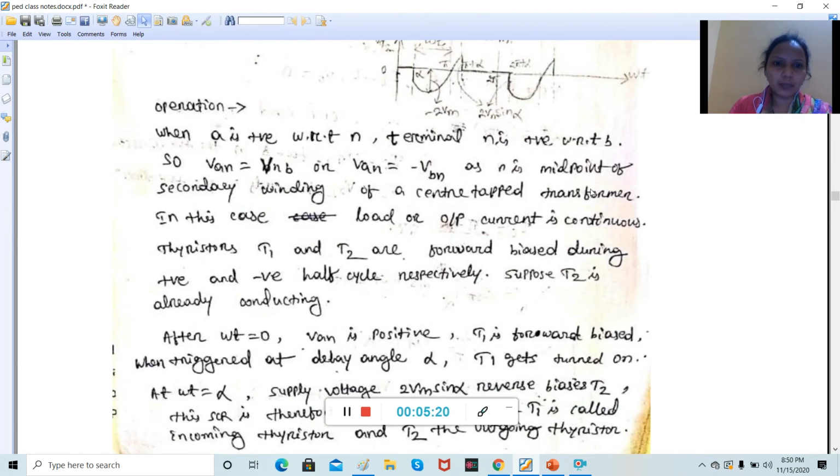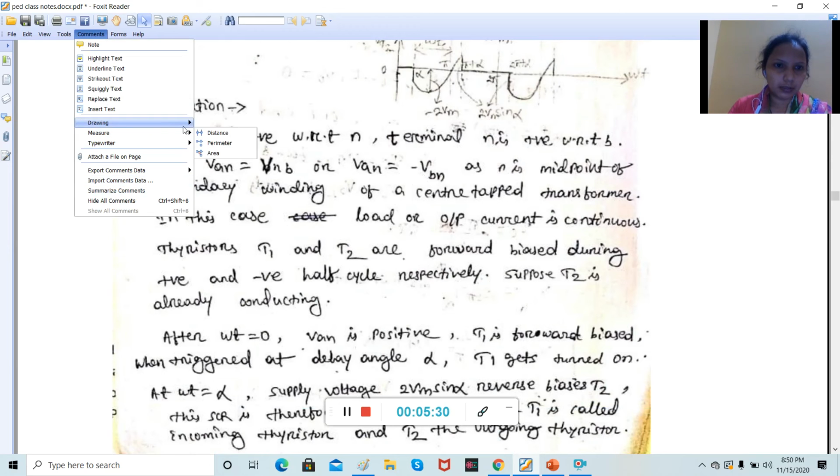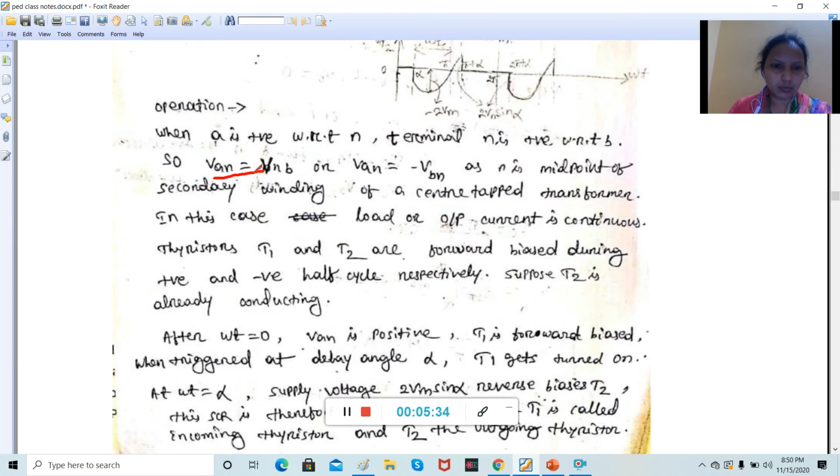So VAN is equal to VNB, or VAN is equal to minus VBN, because N is the midpoint of the secondary winding.